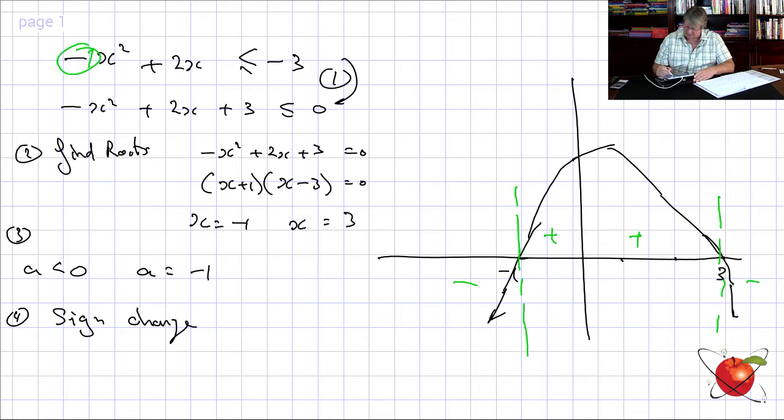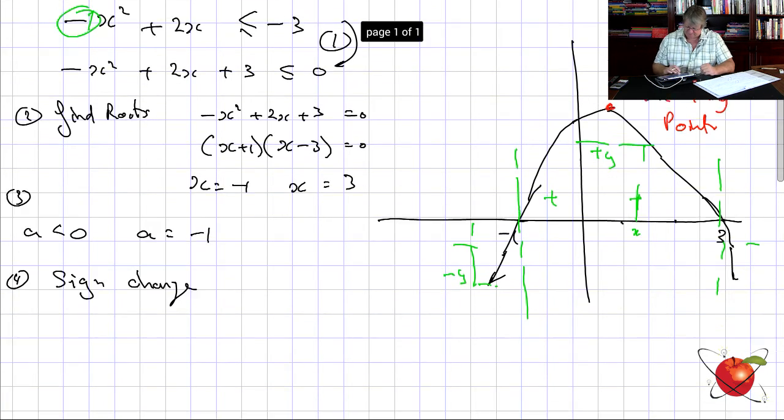If I put in any x value here, I get a negative y value. If I put in any x value here, I get a positive y value. While we're here, let's recap: it's got a maximum at the turning point. The maximum value will be at the turning point.